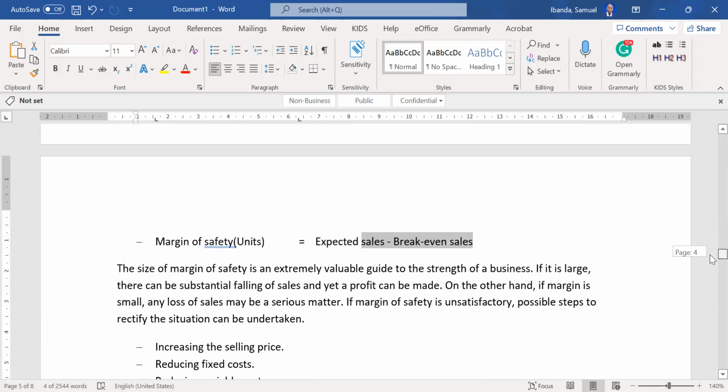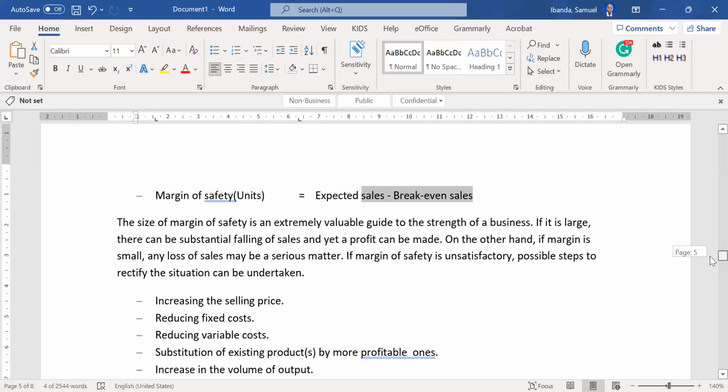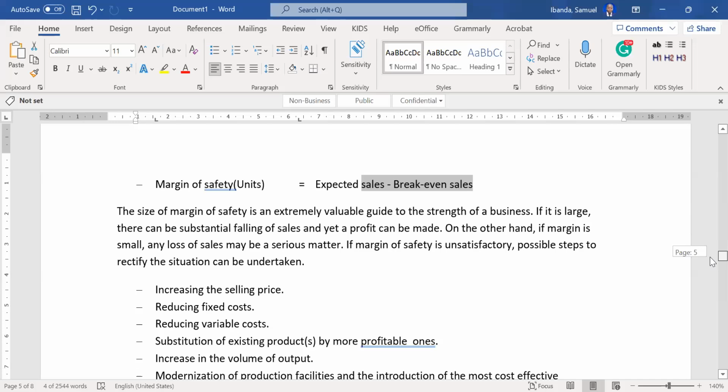So the literature will help you accordingly. And one of the things we say is that if your margin of safety is unsatisfactory, which basically means you're few units away from your break-even point, okay? Like you surpassed your break-even, but you're not far away from it. So any point in time you fall in your units.